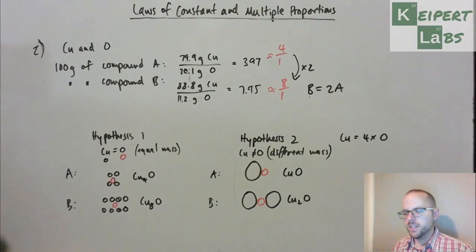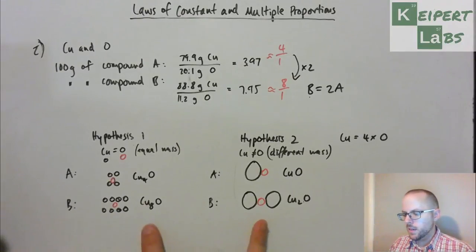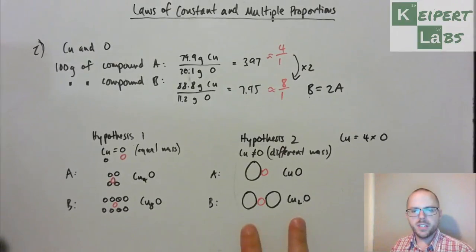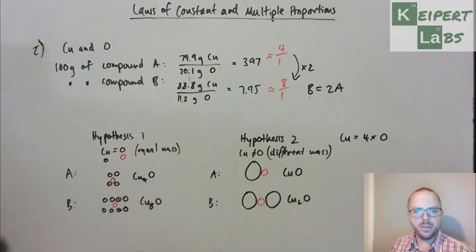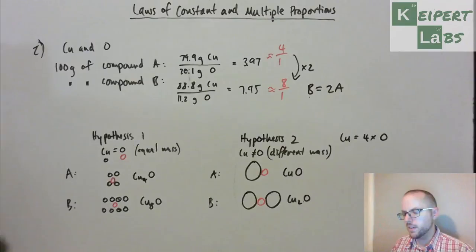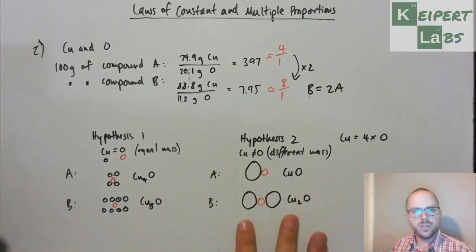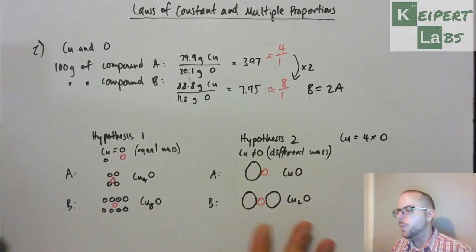To say that copper is the same as carbon is the same as oxygen doesn't seem like the best explanation. Likewise, with hypothesis 2 the compounds are much simpler, as opposed to these ones, which are much more elaborate. You've got 3 of this and 4 of this and 8 of this and 3 of this, and it gets very numerous. Whereas this is really simple: it's 2 to 1, 1 to 1.